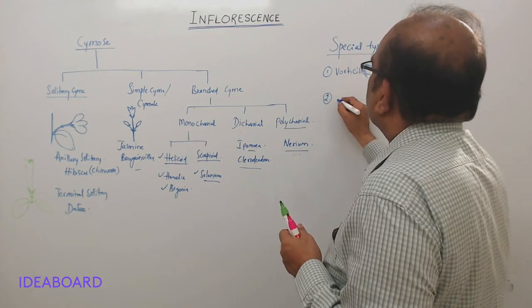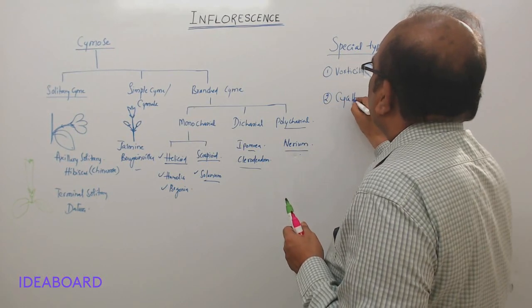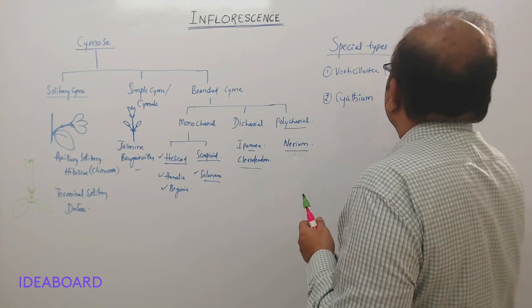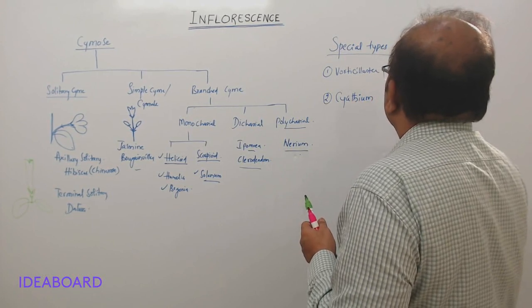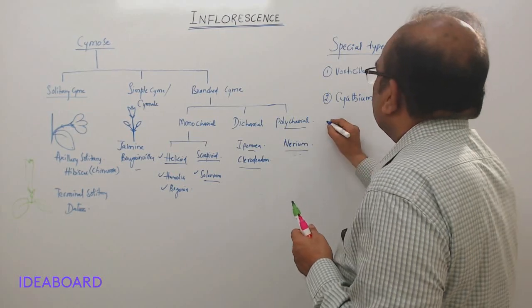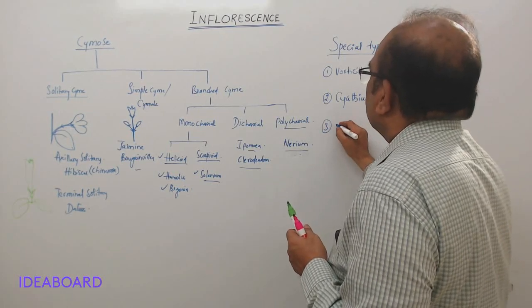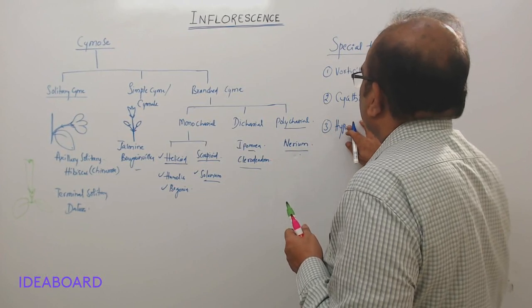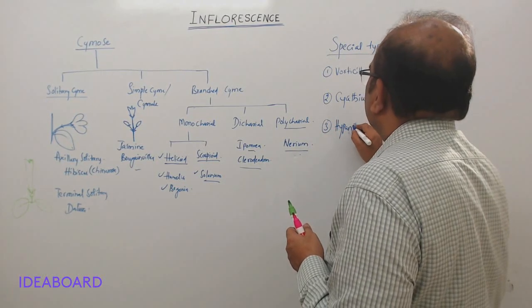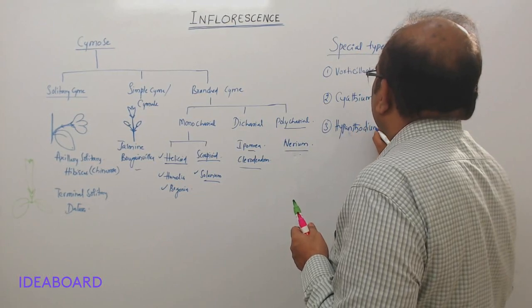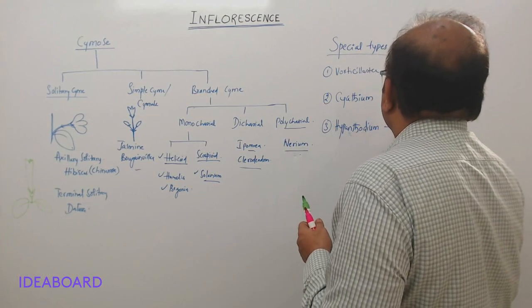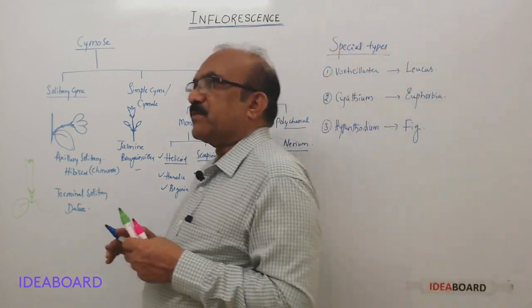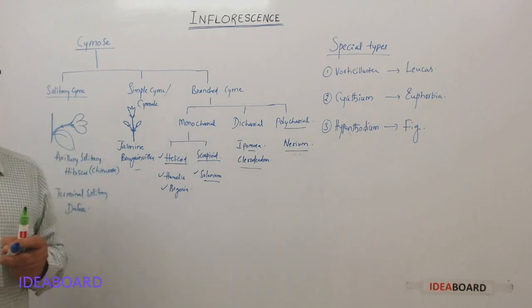The second one is cyathium, which looks like a single flower, and you will find this in Euphorbia. And you will find a fruit-like inflorescence which is called hypanthodium, and the example is fig. These are different types of inflorescences.